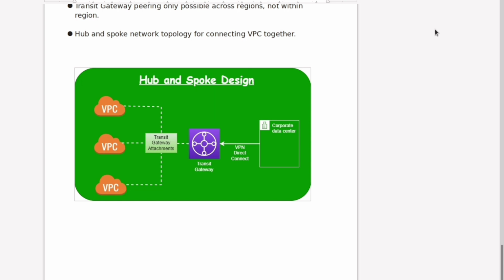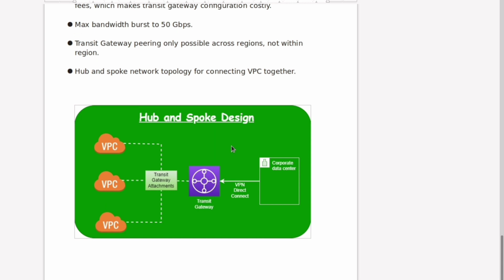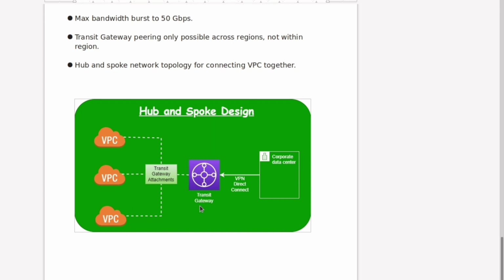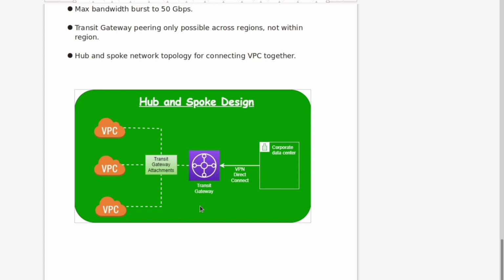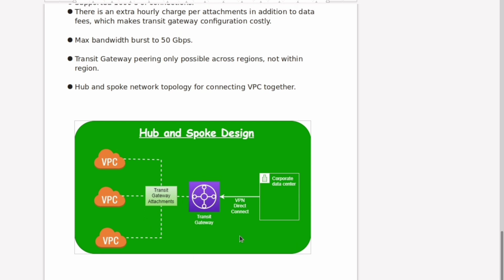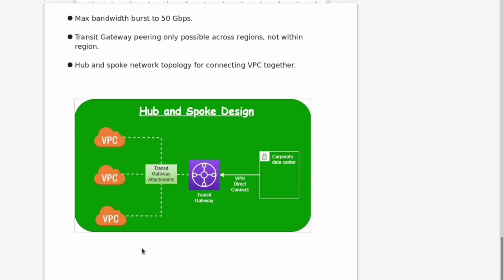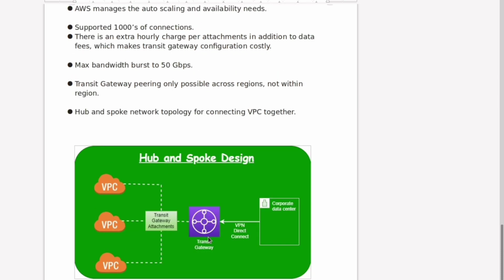You can attach all your hybrid connectivity, VPN and Direct Connect, to a single transit gateway, controlling your organization's entire AWS routing configuration in one place. The transit gateway controls how traffic is routed among all connected spoke networks using route tables. This hub and spoke model simplifies management and reduces operational cost, because a VPC only connects to the transit gateway instance to gain access to the connected networks.